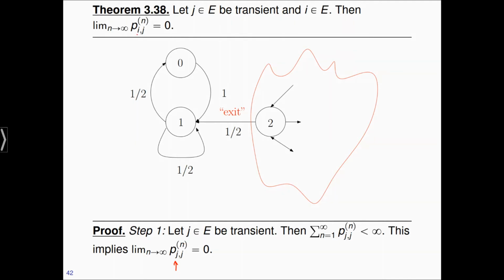The second step is a bit more work. We want to transfer this result to an arbitrary starting point. I want to start at i, some state of the Markov chain, and ask what's the probability of being at state j, the transient state, after n steps. This will be done in step 2, and I will use the following auxiliary notation.